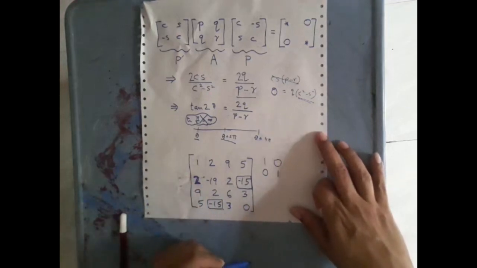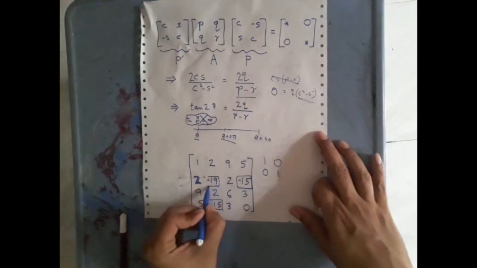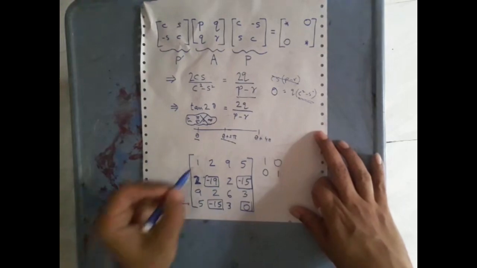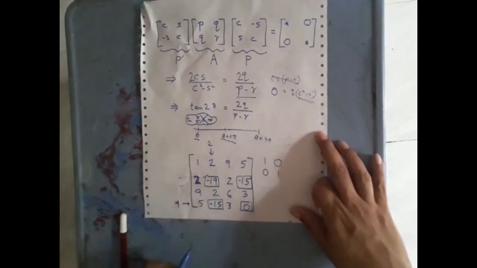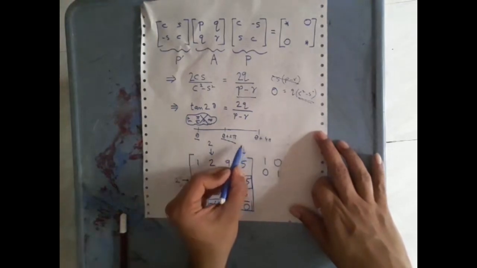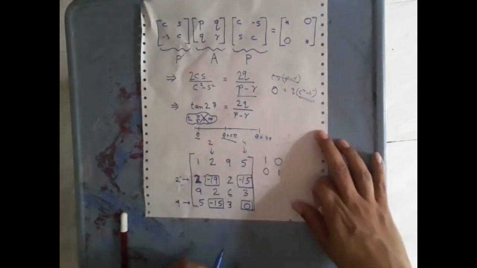And Jacobi suggests that you focus your attention on only this 2 by 2 submatrix. So in this case, it is our row 4 and column 2. So you look at only row 2, column 4. So this particular submatrix, only this 2 by 2 thing.